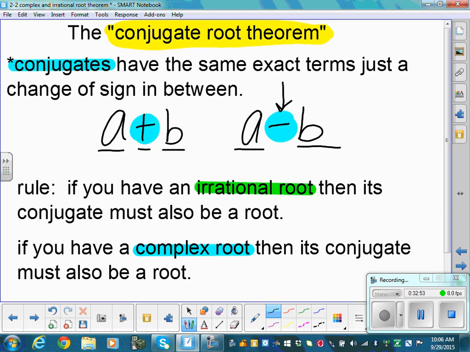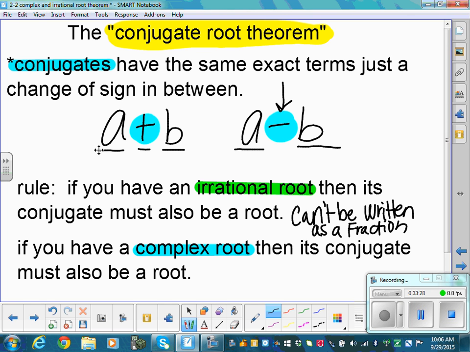So, interesting rule. We've been finding zeros, we've been finding roots, right? Okay, so when you do find a root, an interesting fact for you: if you have an irrational root, which irrational means it can't be written as a fraction, then its conjugate must also be a root.